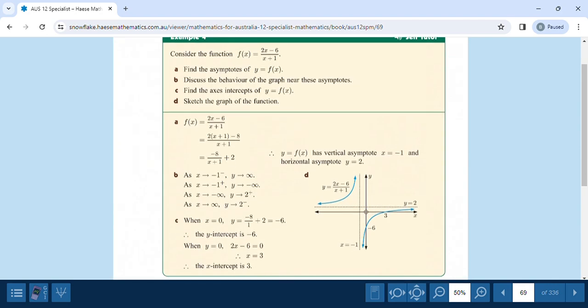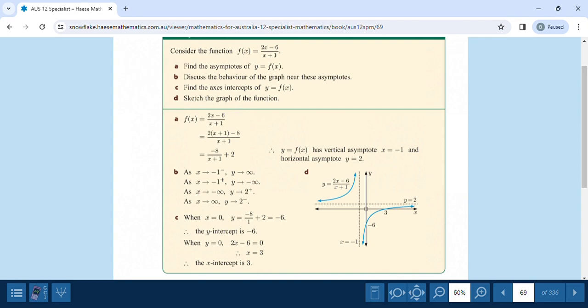So just considering this one in the example. You've got a rational function with a linear divided by a linear. Find the asymptotes of y equals f of x. So first of all, in A, they rearrange that function so that you can find the asymptotes.